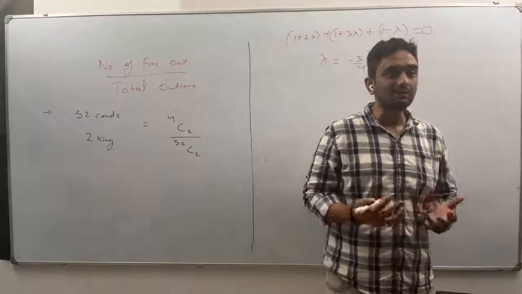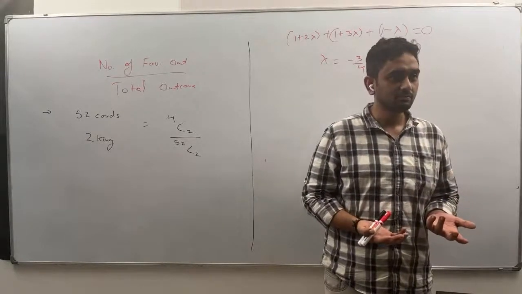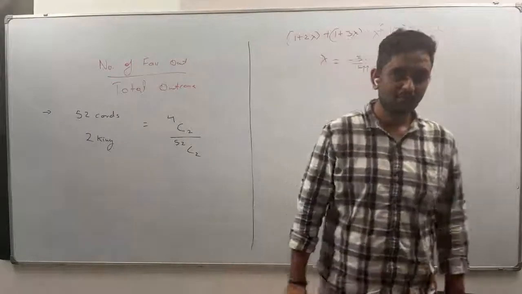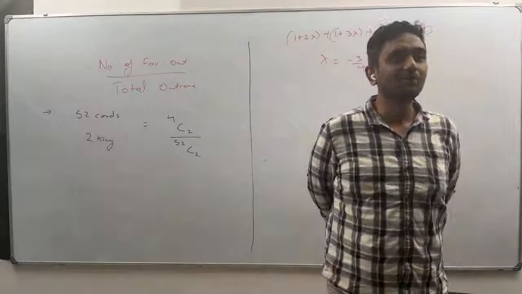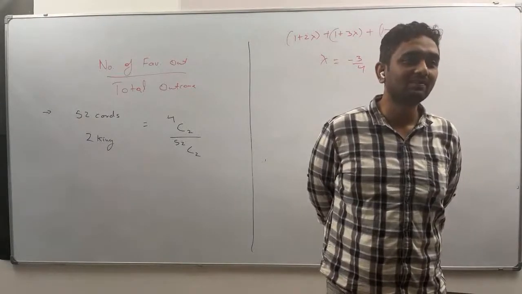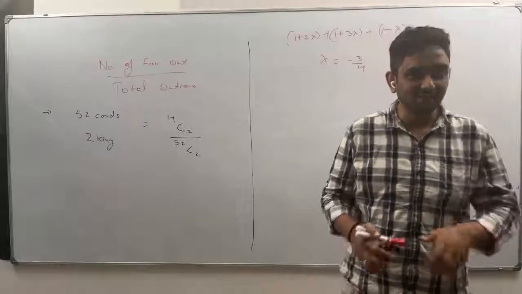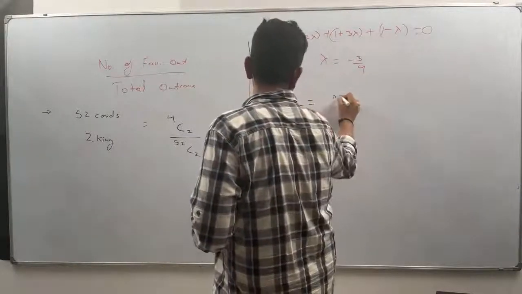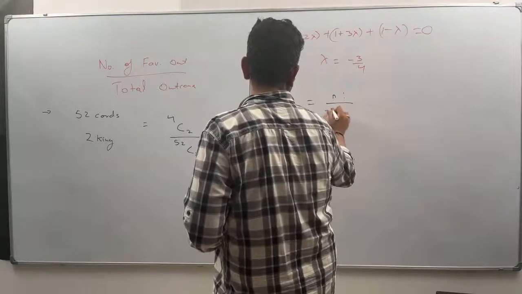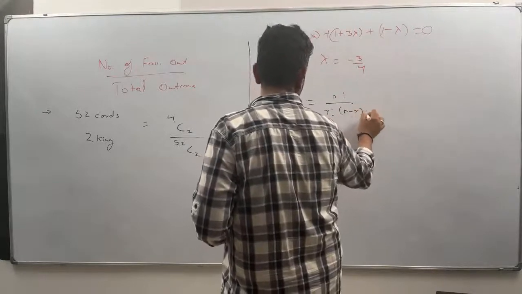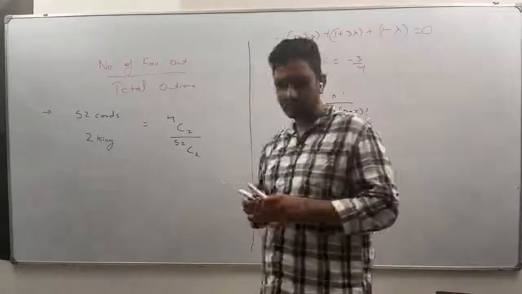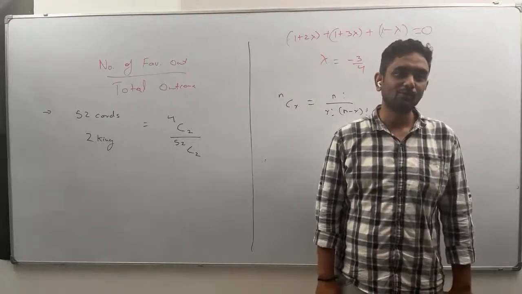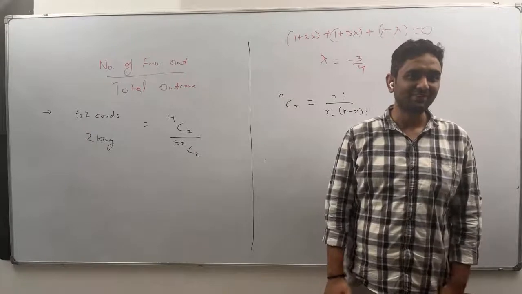Alright, it doesn't really matter how you do it. Okay, what is NCR? Yes, the NCR formula. Okay, correct. I am happy. It is this. No, n minus r factorial.